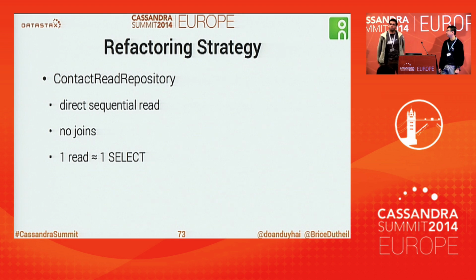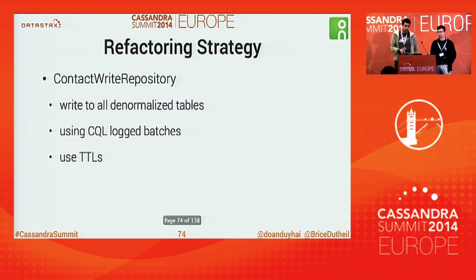For example, for the reading strategy, there are multiple read repositories, and we'd like to leverage Cassandra for direct sequential reads. We don't want any joins on the application side, and each read should do one select, which is very performant.